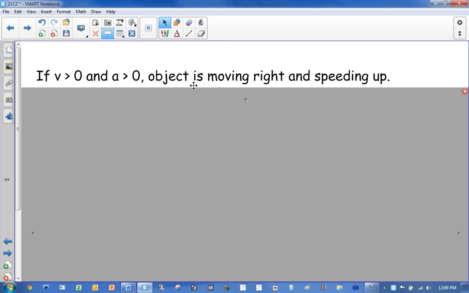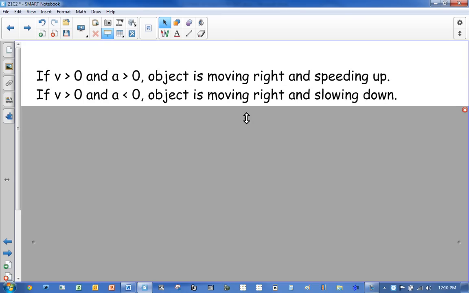So I can say that the object is moving to the right and speeding up. That makes sense. Okay? And if I only change acceleration, if the velocity is still greater than 0 and the acceleration is less than 0, that means that the object is moving to the right, but the velocities are getting more and more negative, or less and less positive, however you want to think about it. So the object is slowing down.